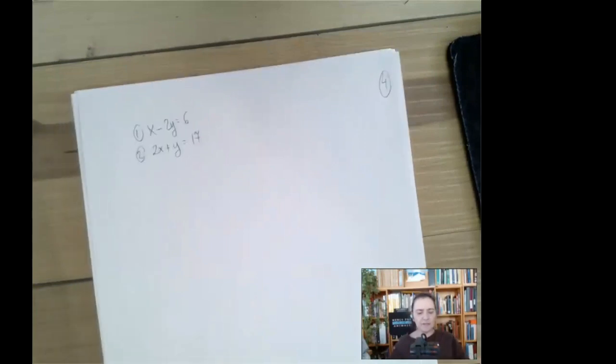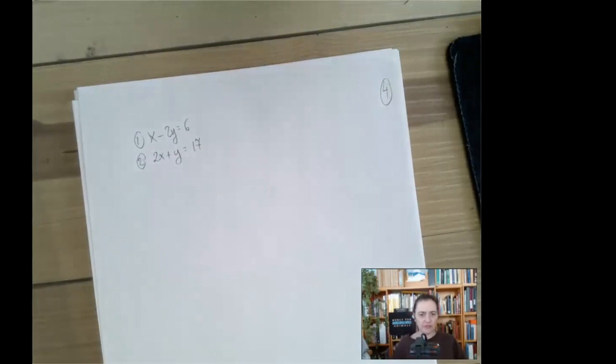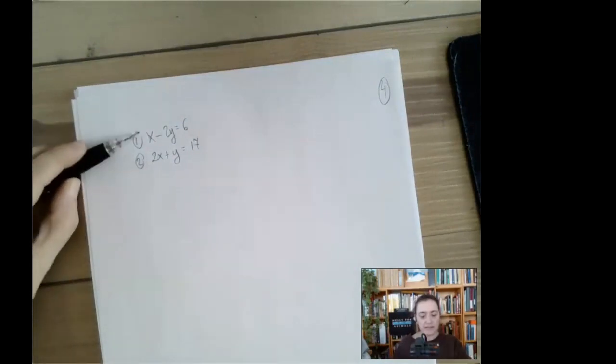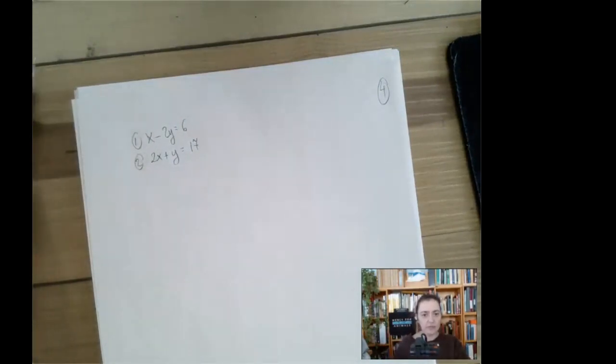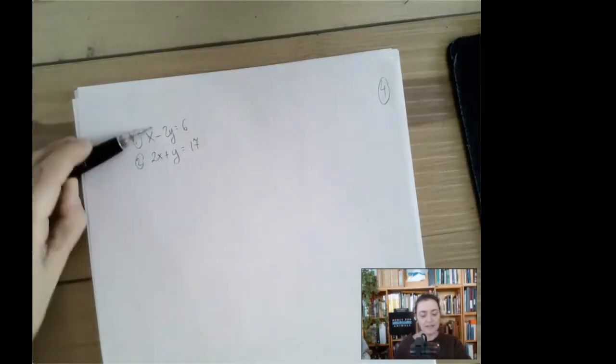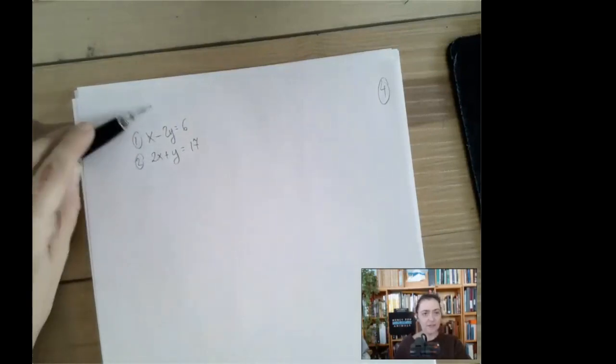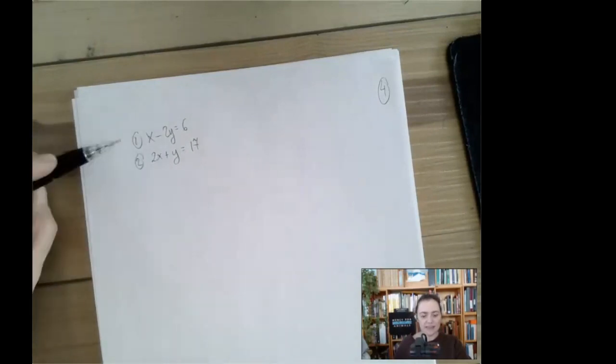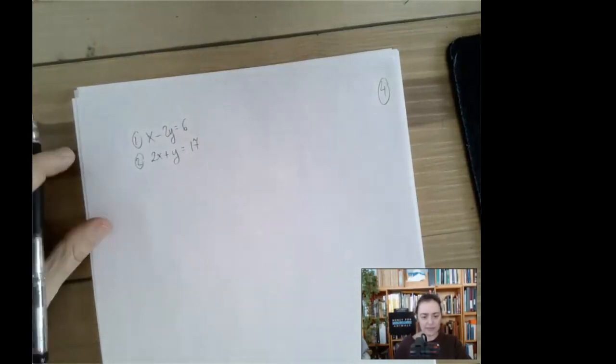So now we make a strategic decision as to should we go after eliminating x or eliminating y. It's almost the same because the numbers are literally the same, 1 and 2, 1 and 2. So that means you can leave alone one, double the other. But this one, the signs are set up, so I would eliminate y because then we don't have to worry about multiplying by negative numbers.